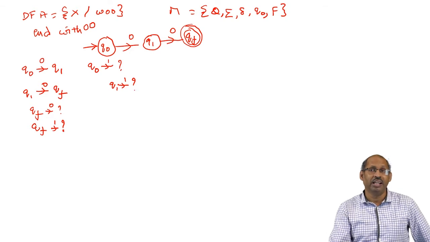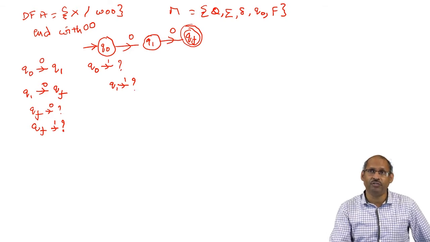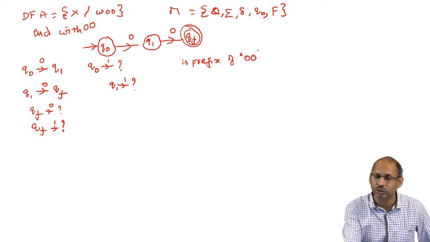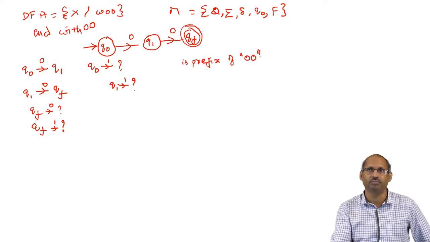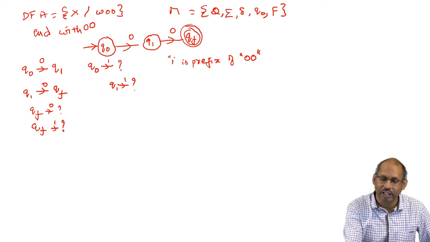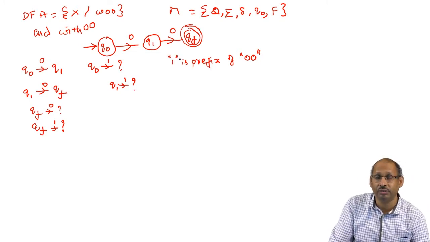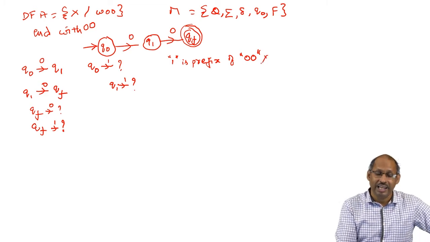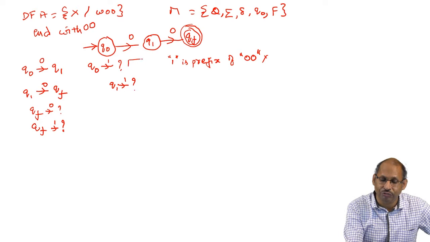Is 1 a prefix of our condition, two zeros? No. So after 1, two zeros should follow to reach the final state.